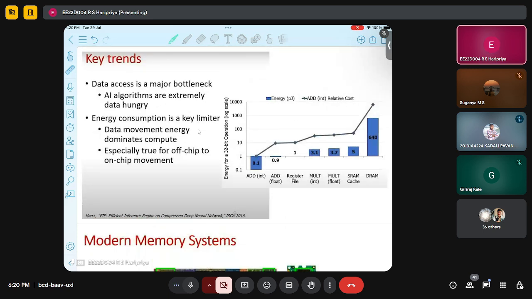Here we observe that the energy consumed by addition is very little compared to the energy it takes when accessing the DRAM for the data.